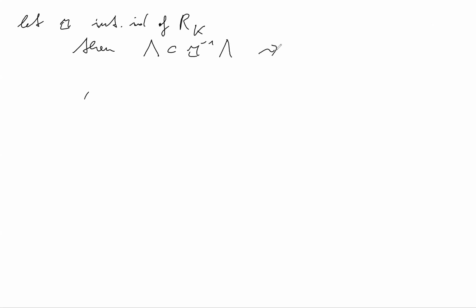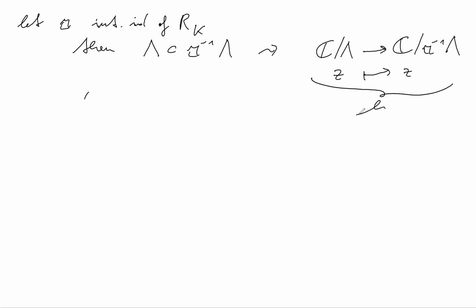What you get actually is a map like this, which sends C over lambda to C over a to the minus 1 lambda, now in this super lattice. It turns out that this homomorphism here actually induces an isogeny.